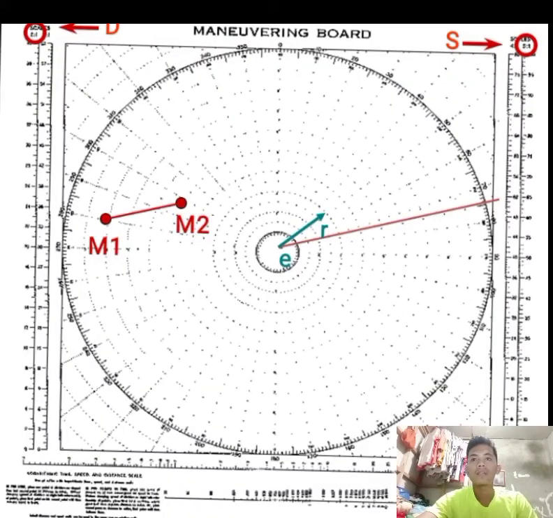So as we can see at the maneuvering board, we have the M1 and M2, which is the 280 degrees true and the 300 degrees true, which we can see at the M1 and M2.